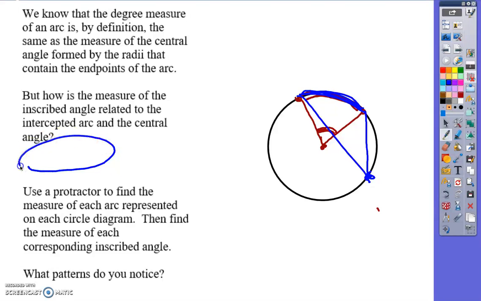Now you're not ready to answer it here yet. We'll get to that. But right now, we're going to use a protractor, and again, you're going to have to do your best here to find the measure of each arc represented on each circle diagram, then find the measure of the corresponding inscribed angle. And what patterns do you notice?